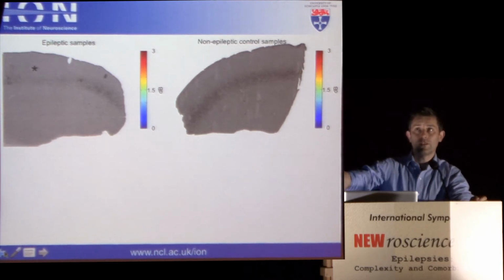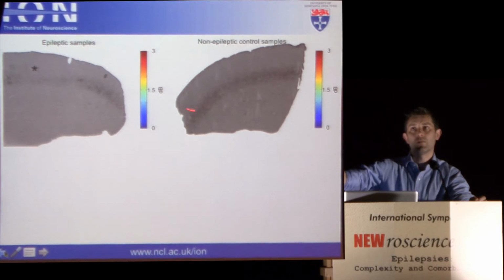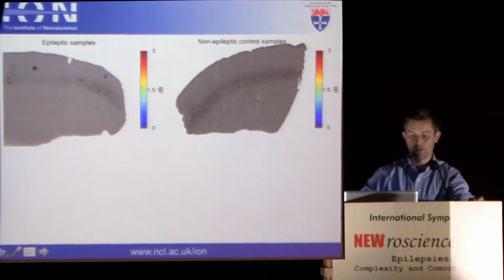So both of these slices are stained for parvalbumin. In the non-epileptic control sample, you can see there's a very nice uninterrupted band of parvalbumin staining in the superficial layers. And just look at the epileptic sample. You start off with a nice band of PV, and then all of a sudden the signal seems to drop out, and you get a reduction in parvalbumin expression.